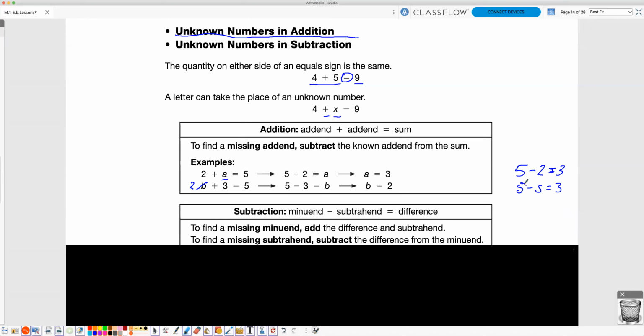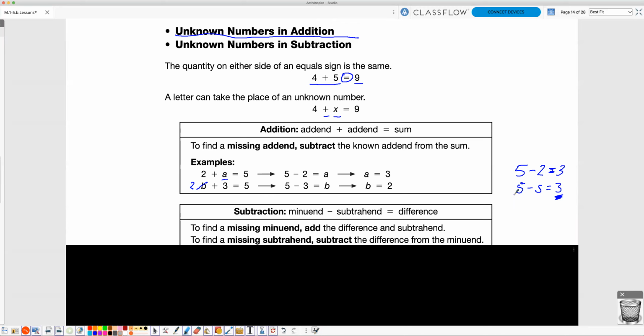So you would take the difference, which is the answer to a subtraction problem. This is the difference. And if you were to subtract that from the minuend, you'll find out what the subtrahend is. The minuend is the larger of the two typically.